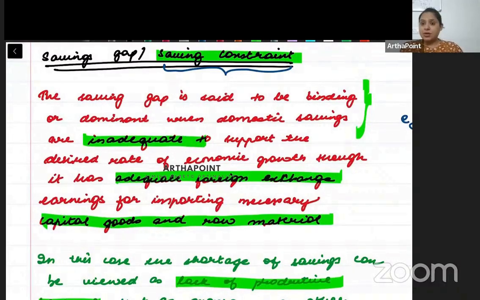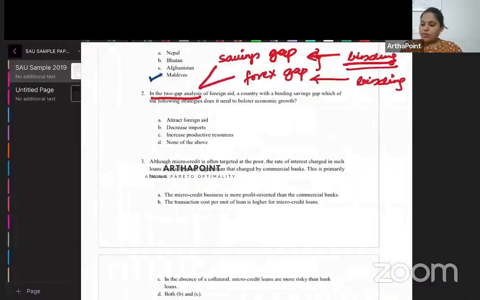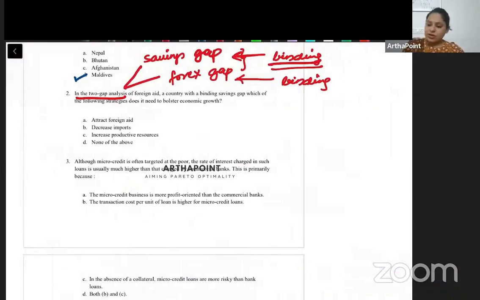So now, going back to the question, पढ़ते question को एक बारी. In the two gap analysis of foreign aid, a country with binding savings gap, right? Which of the following strategy is used?